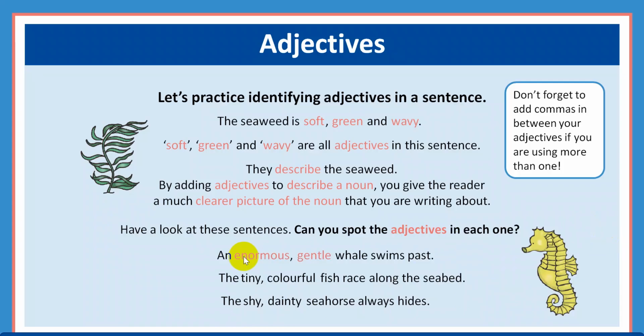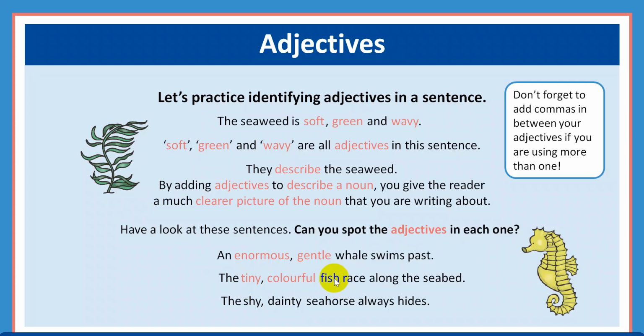In example number 1, enormous and gentle are the adjectives. What is the noun they are describing? Yes, the whale. Enormous whale, gentle whale. In the second sentence, tiny and colorful. Yes, these are the adjectives. What are they describing?